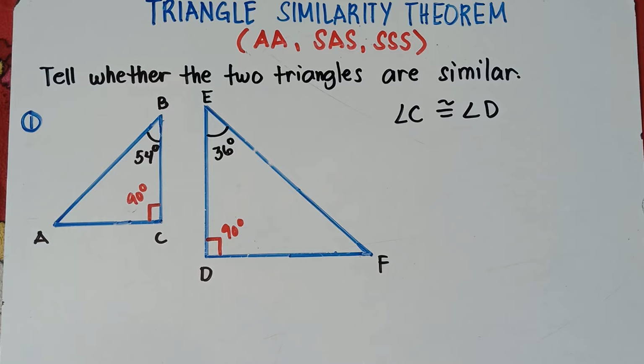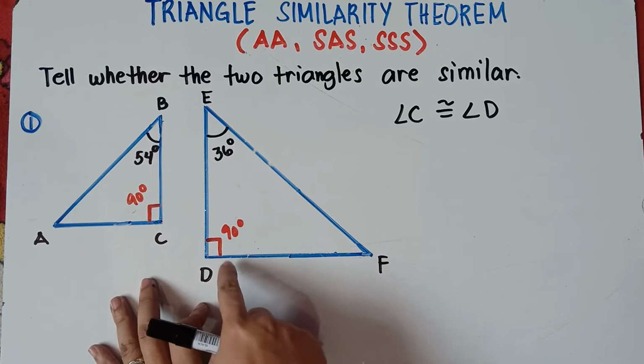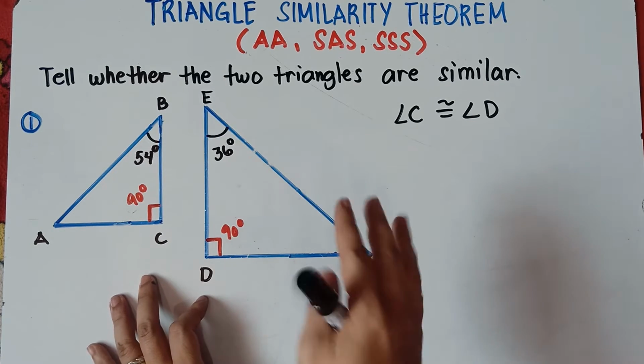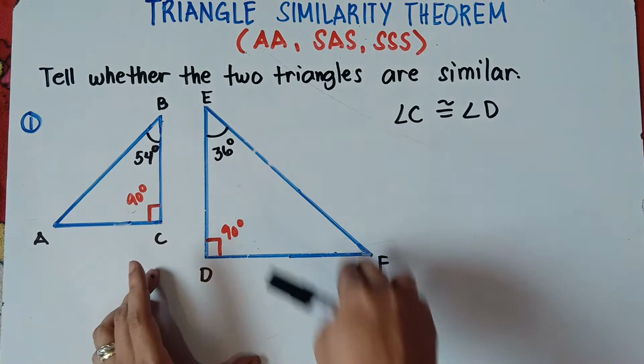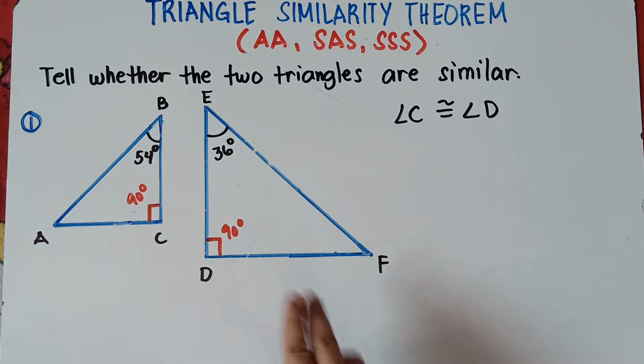So let's check if this is really an AA similarity theorem. Of course, this is a right triangle, so we have a 90 degree angle. Once again, class, always remember that in a triangle, the sum of the interior angles should be equal to 180 degrees.